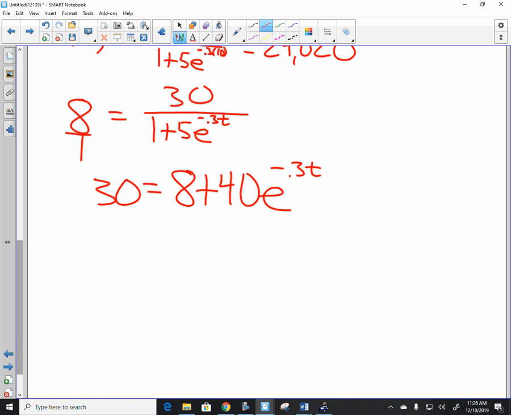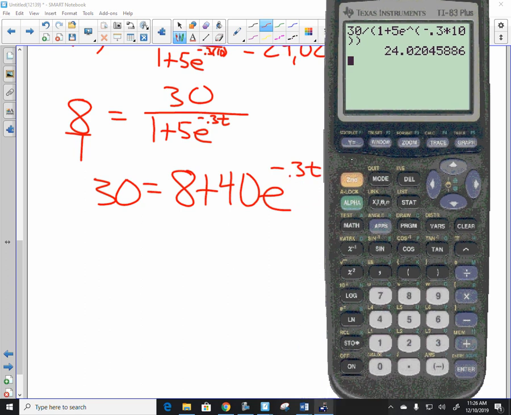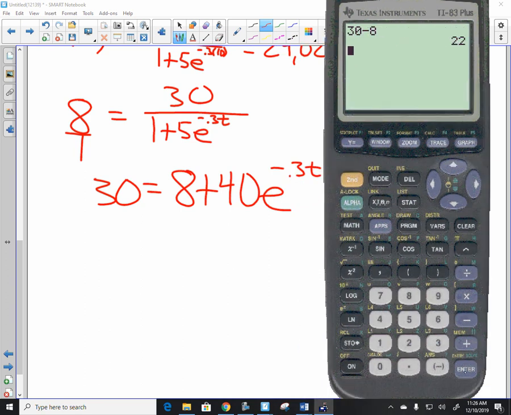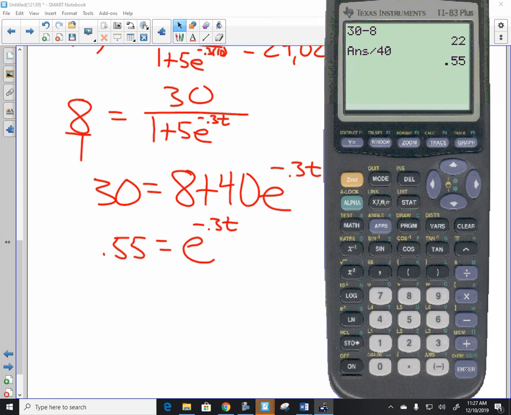What to do to solve? Subtract 8, then divide by 40. So I have 30 minus 8 is 22, divided by 40 is 0.55. 0.55 is equal to e to the negative 0.3 t. Oh boy, now I'm lost. Natural log is a beautiful thing. Natural log of 0.55.